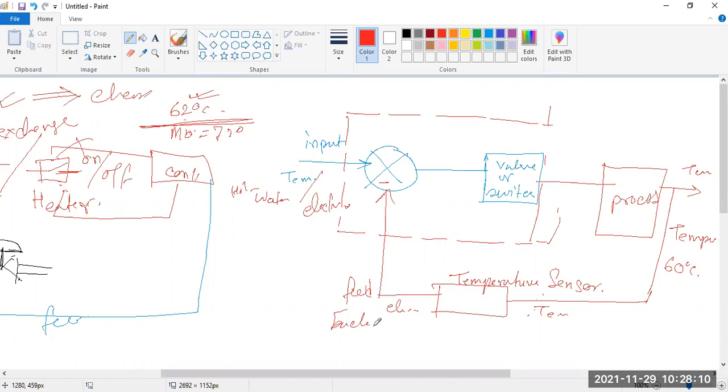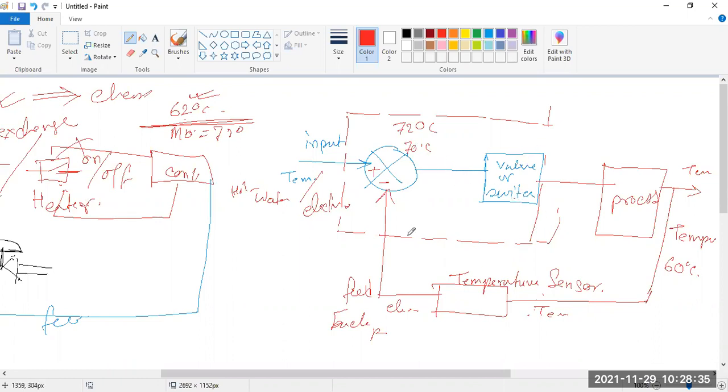So this path is called the feedback path. This feedback path is always considered a negative signal, and this one coming in is the positive signal. After the comparator compares, our set point is 72 degrees centigrade, but we are getting only 70 degrees centigrade. So we need to run the heat again, either by valve or by an on-off relay switch.